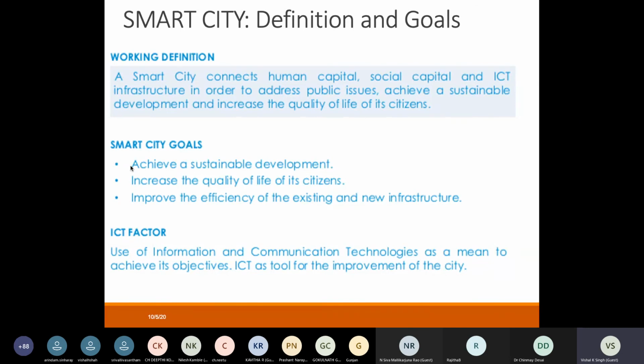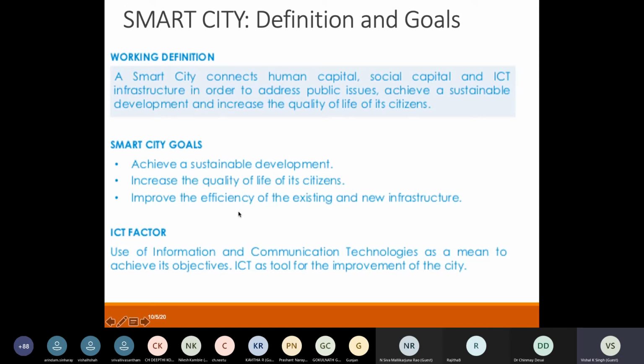As I explained from the definition, that is the fundamental aim of a smart city. Next, increasing the quality of life of its citizens. That is quite obvious, and it has been much discussed in this definition as well.